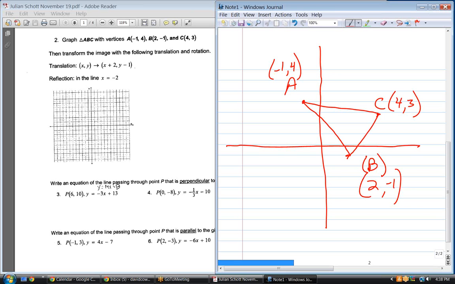Okay, and then we subtract 1 from the y coordinate. 3. So we need to plot plus 1, comma 3. That puts it right there. So I'm going to call that A prime, and that's going to be plus 1, comma 3. Okay, what is B prime?